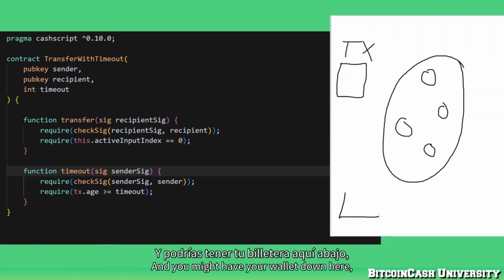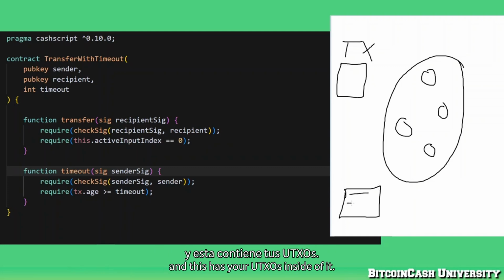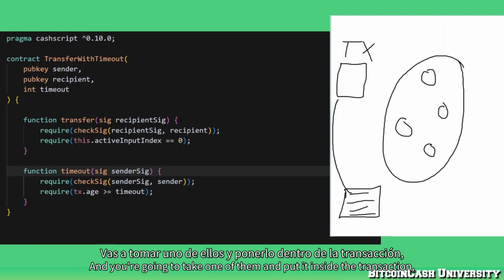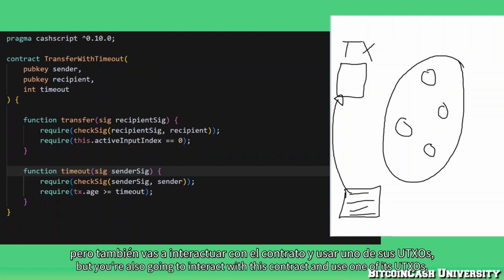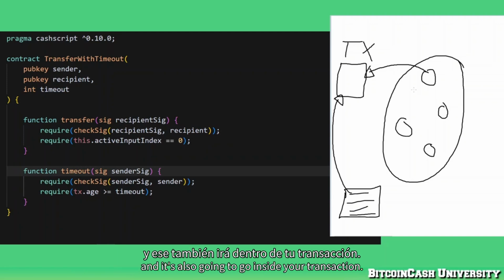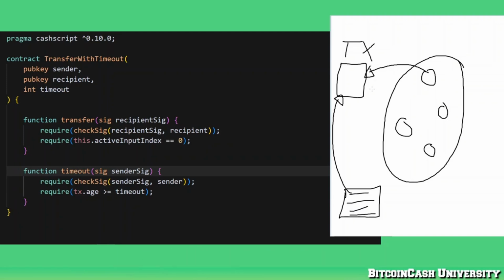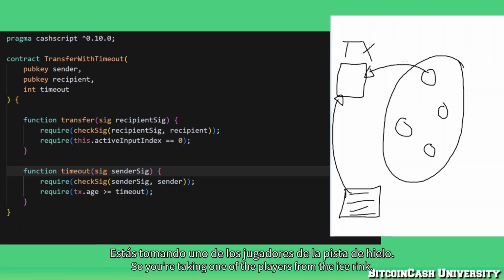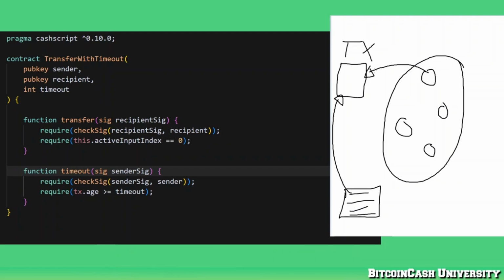And you might have your wallet down here, and this has your UTXOs inside of it. And you're going to take one of them and put it inside the transaction. But you're also going to interact with this contract and use one of its UTXOs, and it's also going to go inside your transaction. So you're taking one of the players from the ice rink.